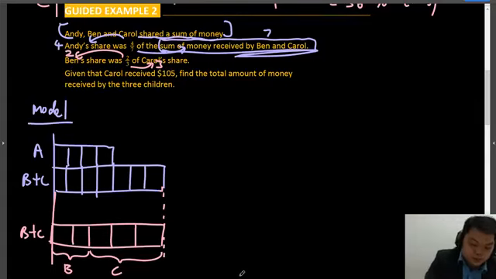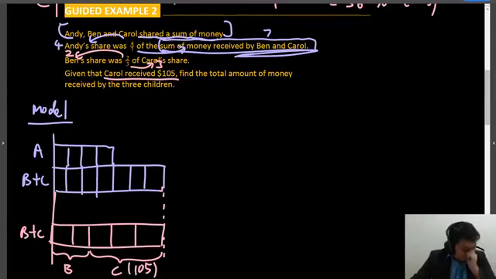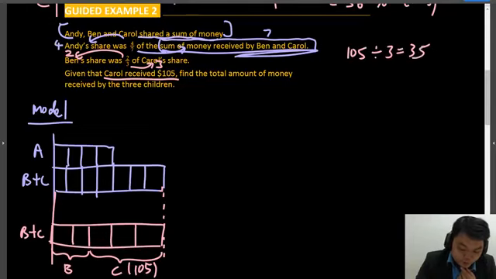Furthermore, we are told that Carol received $105. So once we know this, we would be able to see that, let me write this somewhere, 105 divided by 3 gives you 35. Every one of these pink blocks can be found to be 35.